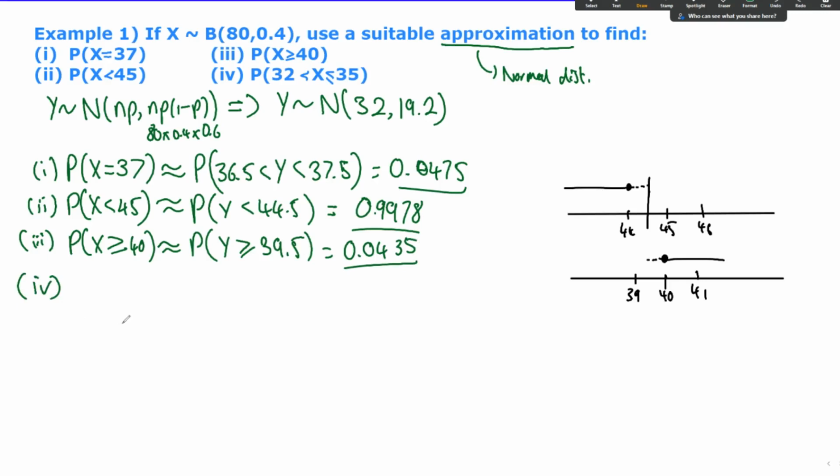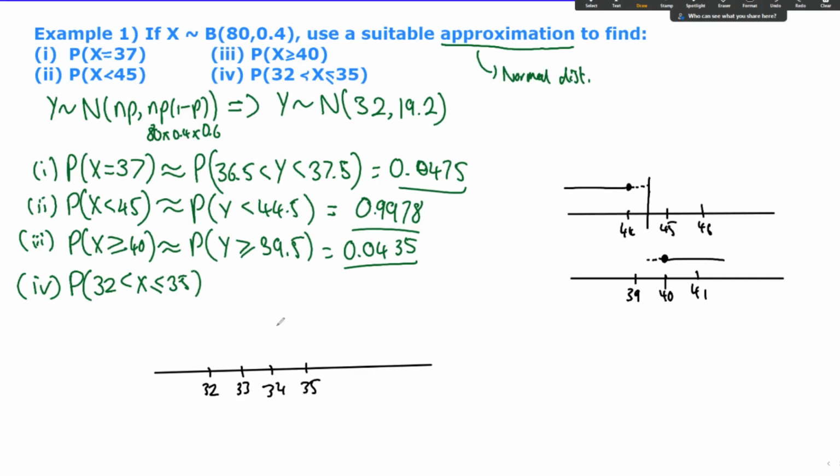And finally, we want to find this probability here. So this one's a bit tougher. So let's get our number line out. I'll do this one down here. So we have 32, 33, 34, and 35.